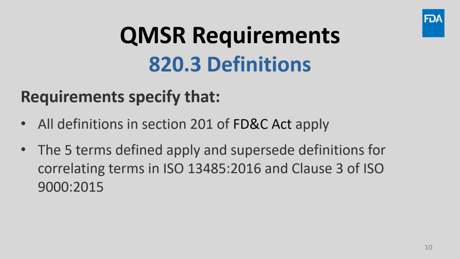It specifies that the 5 terms defined in 820.3(b) apply, and their definitions supersede the definitions for correlating terms in ISO 13485 or ISO 9000. The 5 terms defined are implantable medical device, manufacturer, organization, rework, and safety and performance.